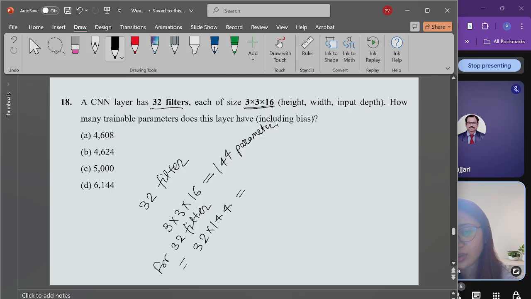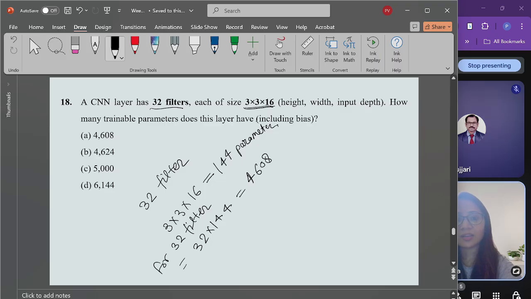Can you multiply 32 by 144 and let me know the answer? If you multiply, you will get 4608 total trainable parameters. Okay.